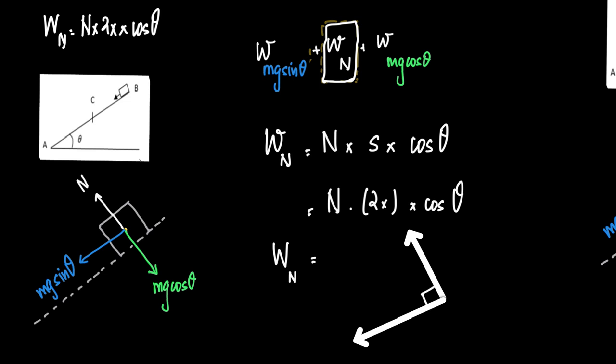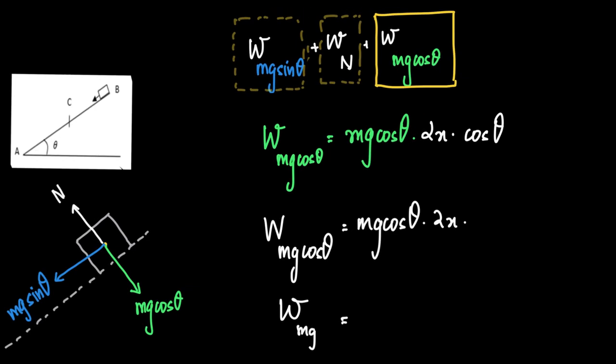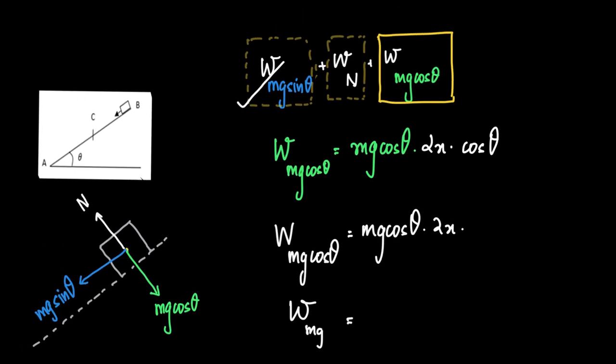The angle between them is 90 degrees. So what is cos 90? Cos 90 is 0. Therefore this becomes times 0, and the work done by the normal reaction is equal to 0, right? Which means we have calculated the work done by mg sine theta, and the work done by the normal reaction, which is equal to 0.